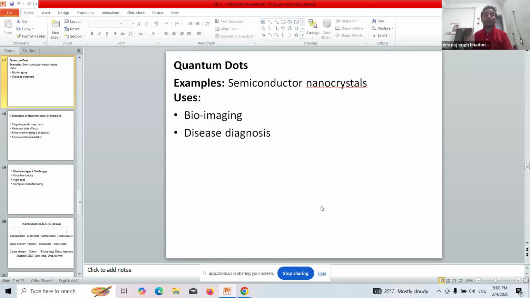Why is it called dots? Because they make an alignment by 1, 2, 3, 4, 5. Suppose 1 is aligned with 2, 2 aligned with 3, 3 aligned with 4, 4 aligned with 5. So this is a chain. So this is a quantum dots. So this is the bioimaging.